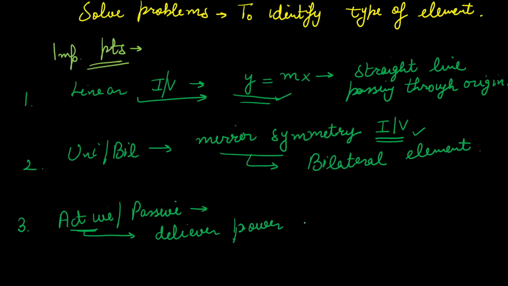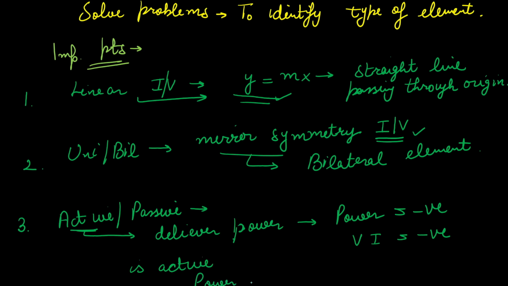So if the power of an element is coming out to be negative, it means that the product of the voltage and the current is negative on either side of the xy plane, then that element is an active element. If the power is positive on both the sides of the xy plane, then that element is a passive element. So these are some important points that you need to remember before attempting the problems.